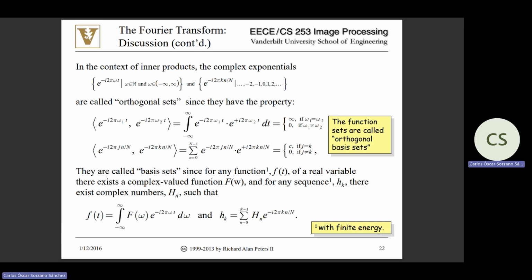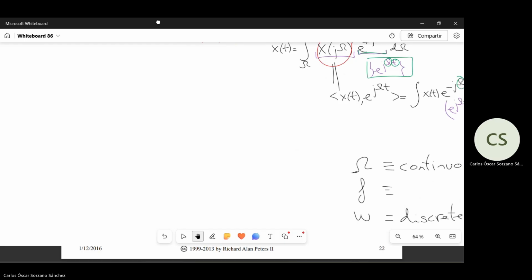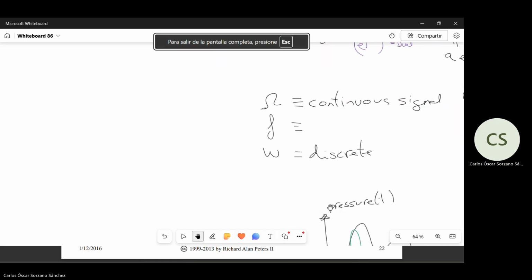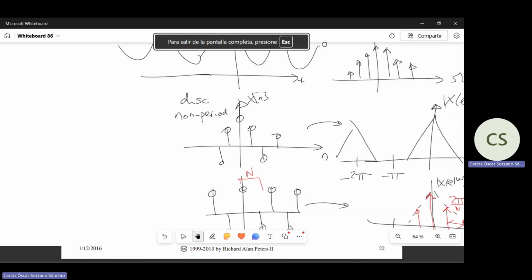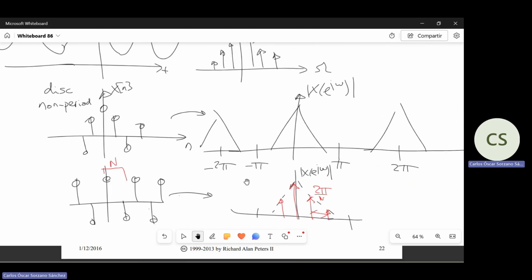I want to say something else. In the discrete Fourier transform, you see that this 2 pi divided by N plays a role because it is the difference between two samples.